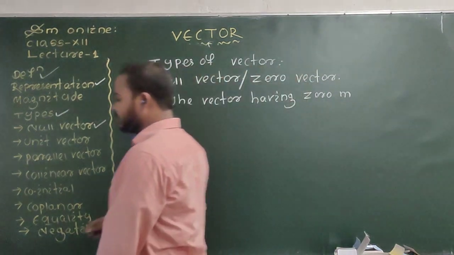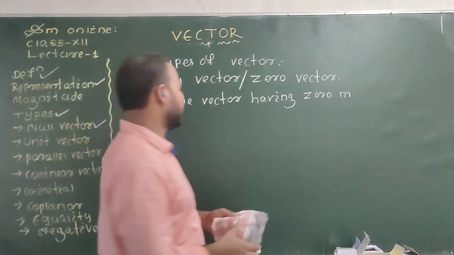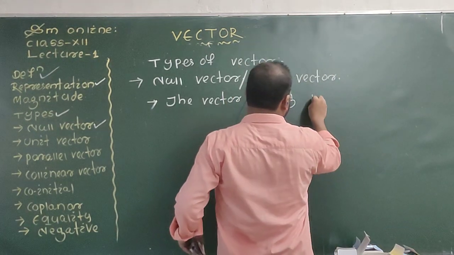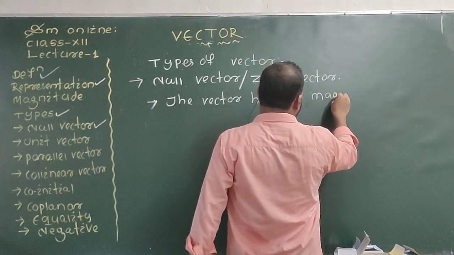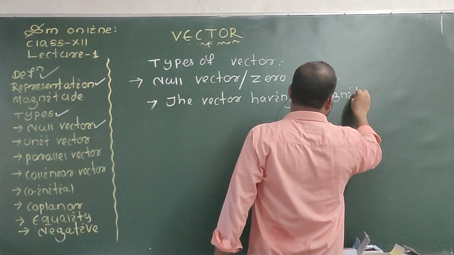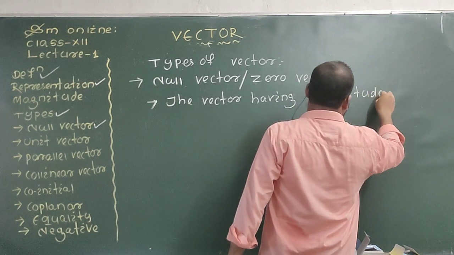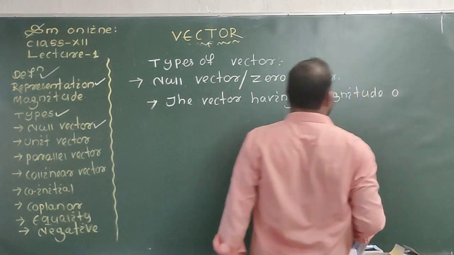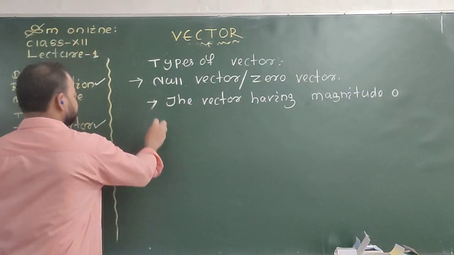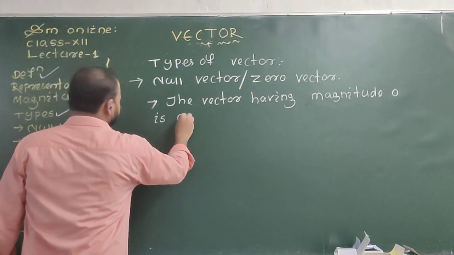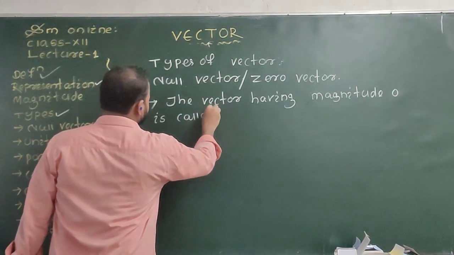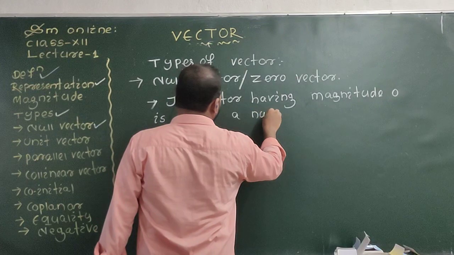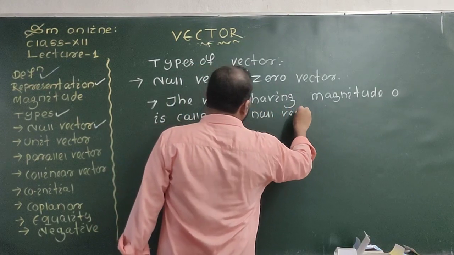The vector having magnitude 0 is called a null vector.